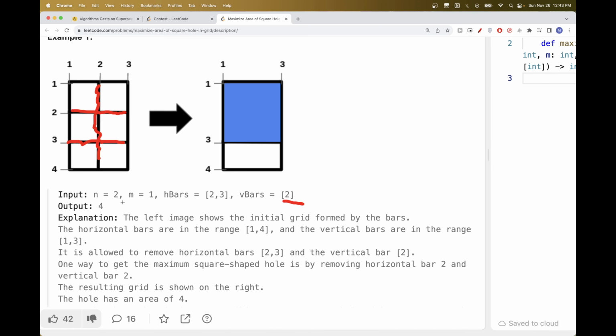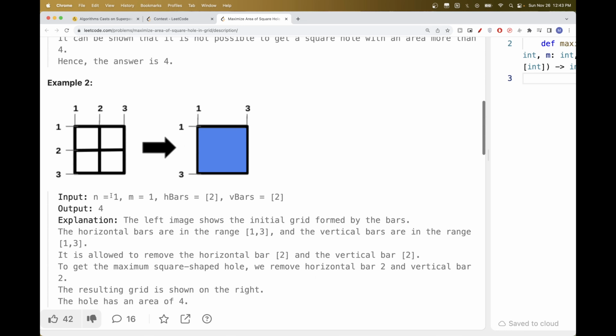And so what's the maximum square shaped hole we can get? Well, the maximum we can get is this, so that we get 4. If we look at this one here, we can remove the h bar here, we can remove the v bar here, and so the maximum is this entire thing.